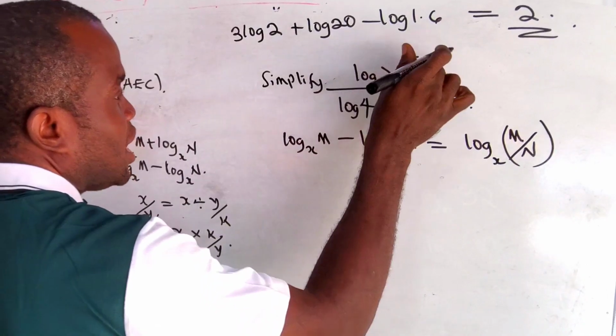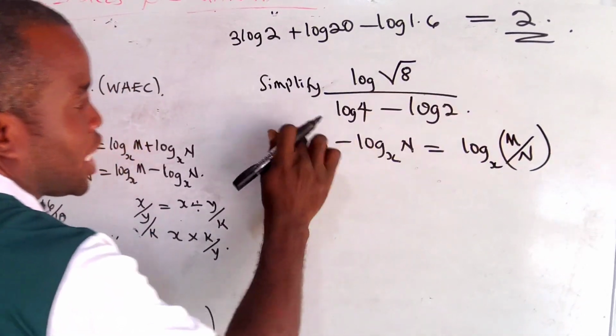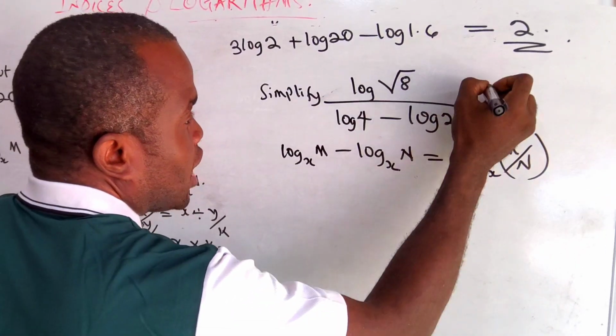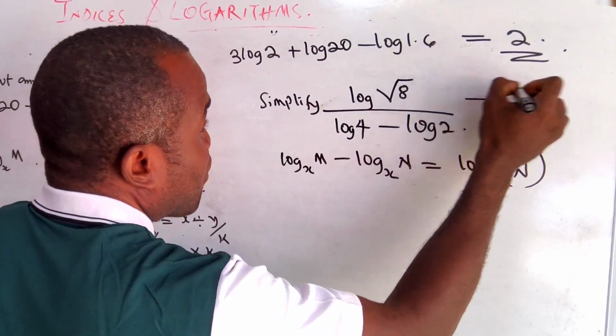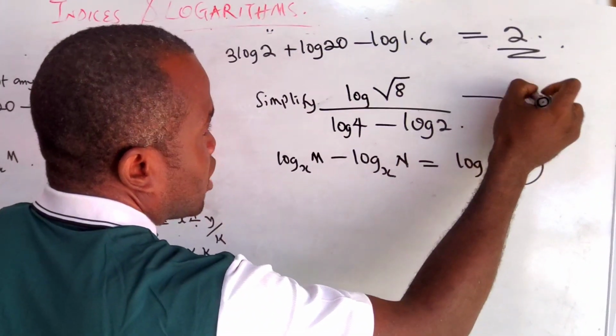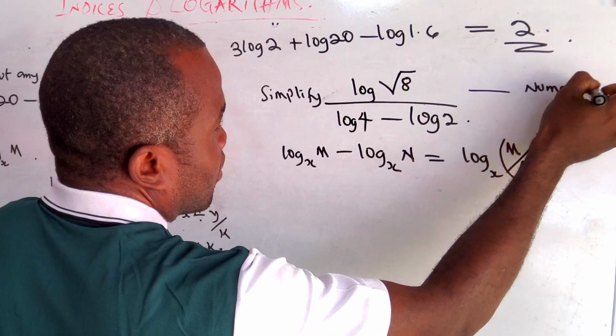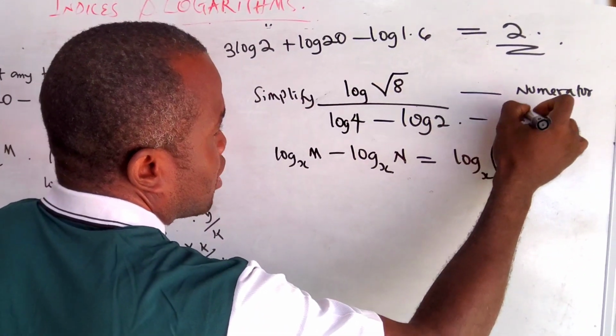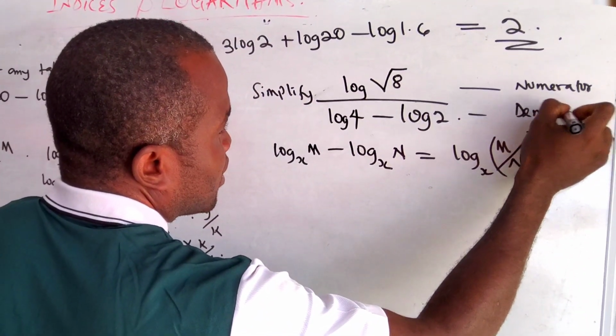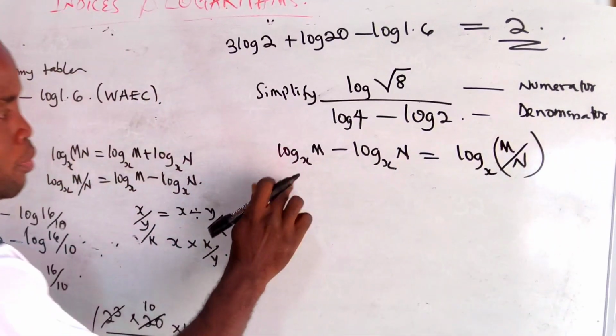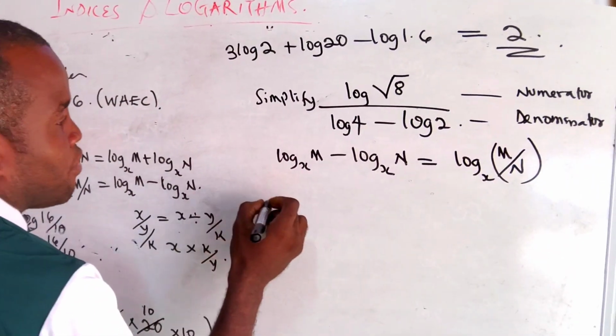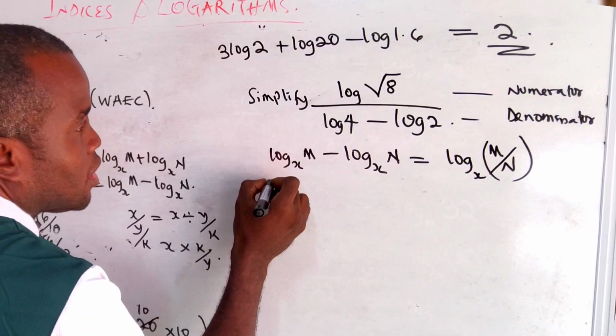Then for this other one, I'm talking about the numerator, because you have a fraction. This is the numerator, and you have the denominator. For the numerator, you apply this law. Then for the denominator, yes.